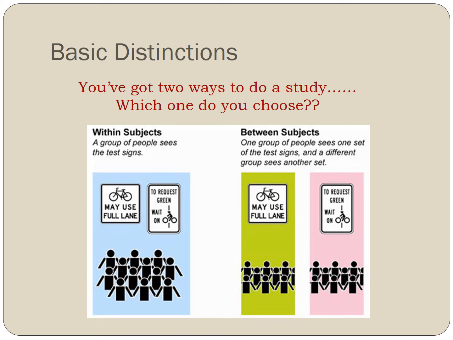Now, we could also do this study a second way. The second way we could do it is called a between subjects design. If we used a between subjects design, we would get two groups of people, and each group of people would separately do the simulator with each sign. So that's a between subjects design. And in that particular case, we would run everything the same as we would do for within subjects design.